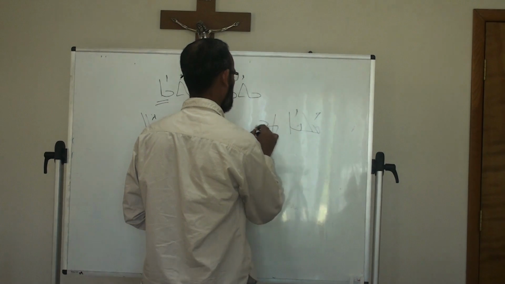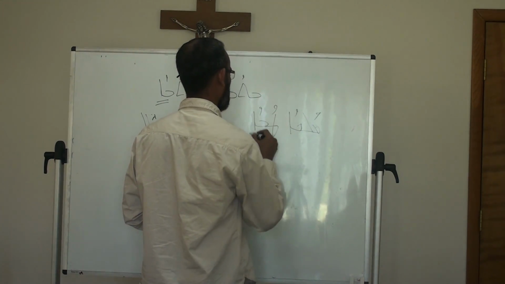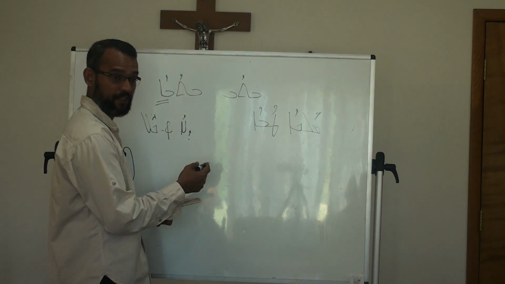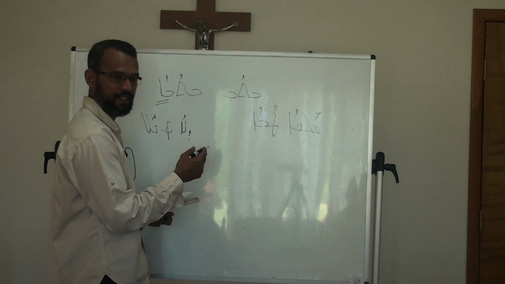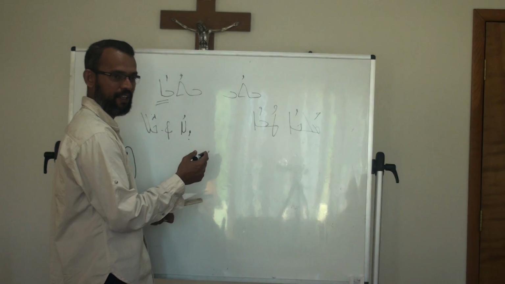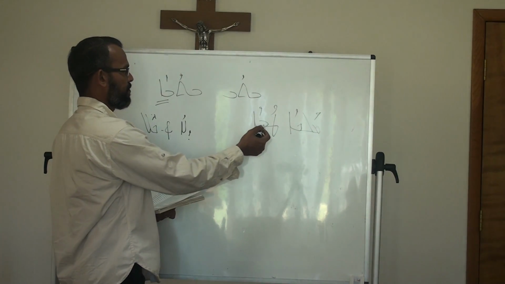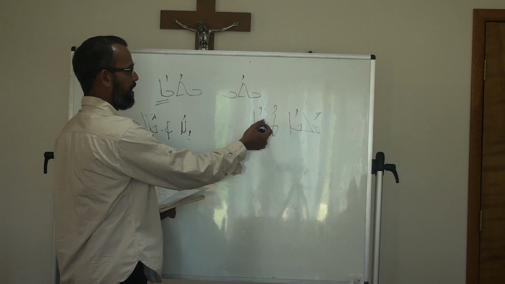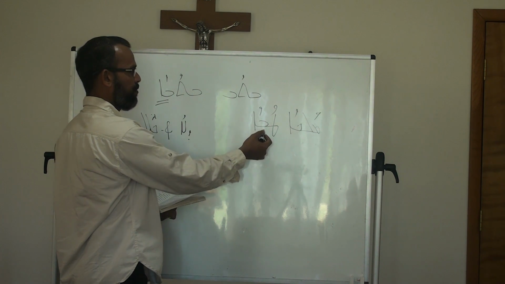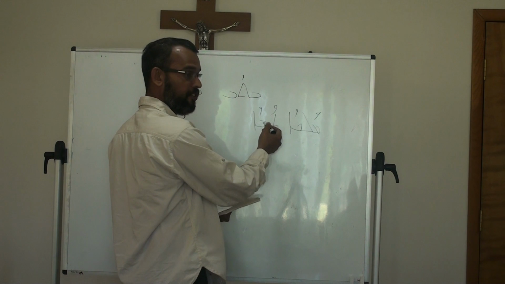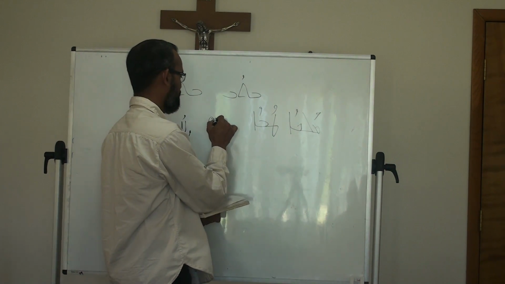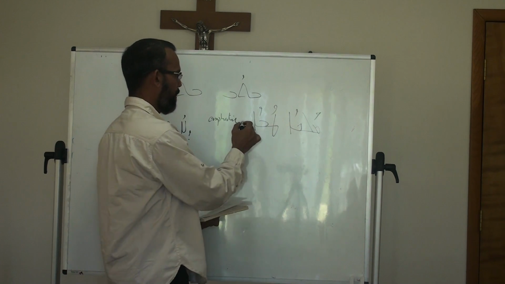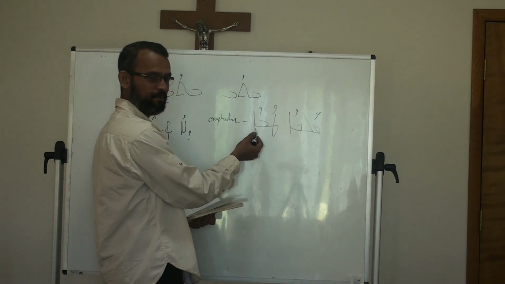Malko Tobo. For both the nouns as well as the adjectives, we have both states, and if the adjective comes after the noun, it will be in the emphatic state. Emphatic state.